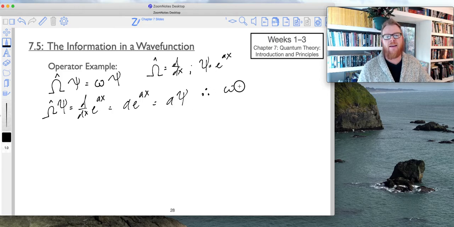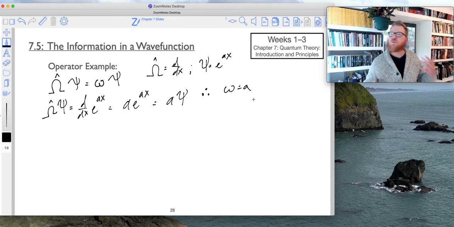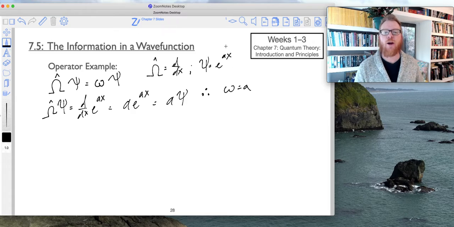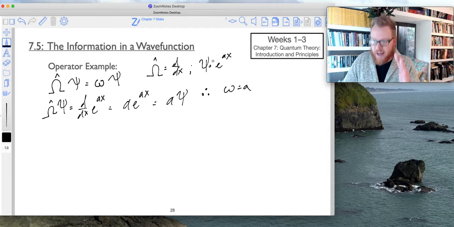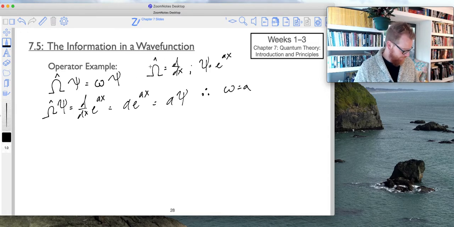Therefore, a is our eigenvalue. This works beautifully. This operator and this wave function would be valid operators and eigenfunctions, excuse me. So psi is the eigenfunction. This would be a valid quantum mechanical operator.